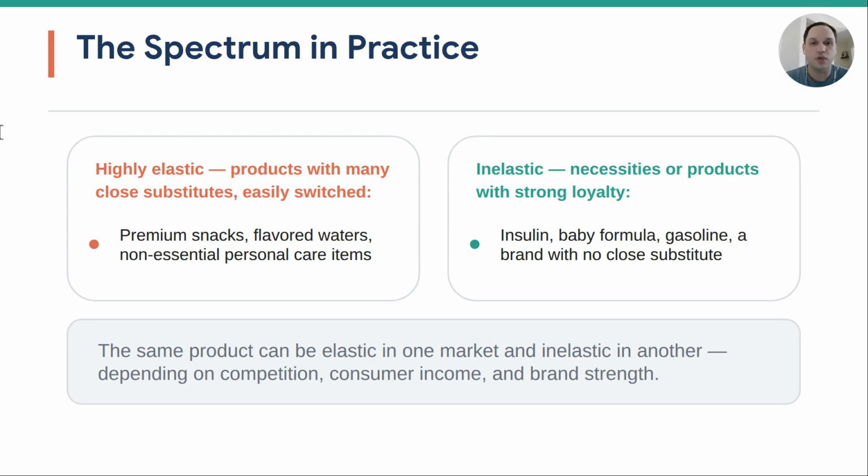People buy those regardless of moderate price changes because they have no meaningful alternative. One important nuance: the same products can be elastic in one competitive environment and inelastic in another. Brand strength, number of competitors, and consumer income levels all shift where a product sits on that spectrum.